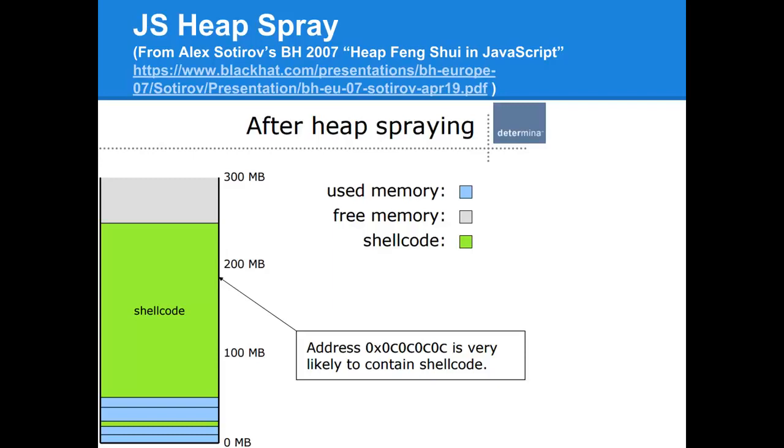And previously I've talked about the address 0x0C0C0C0C in terms of heap exploitation, as it's a common target to overwrite a return address with to jump to. As with this technique, it's very likely to contain shellcode, at least if there's no ASLR going on.